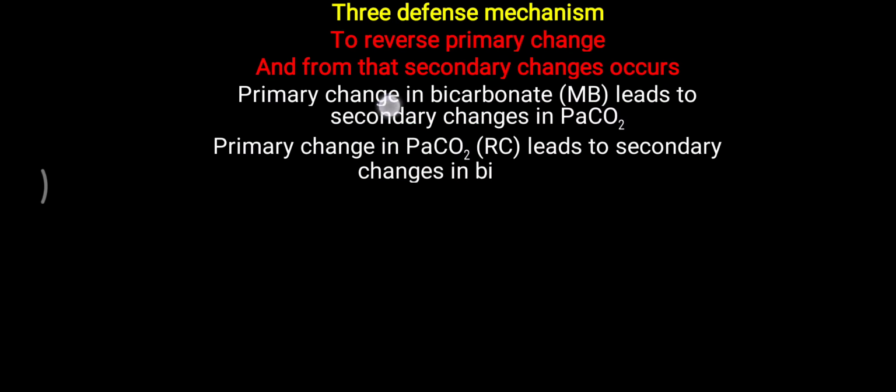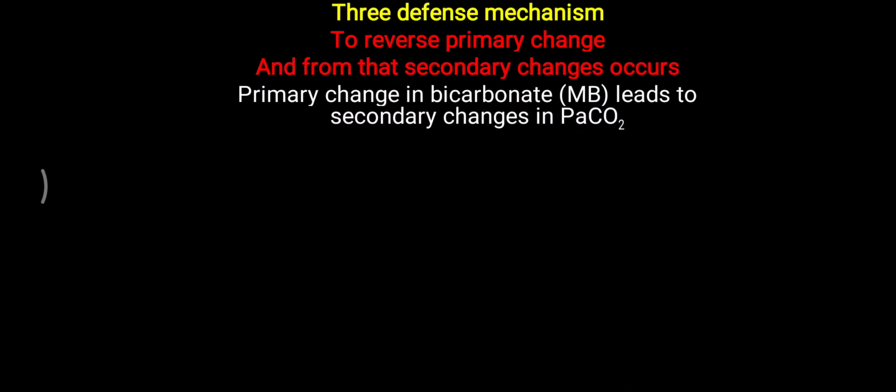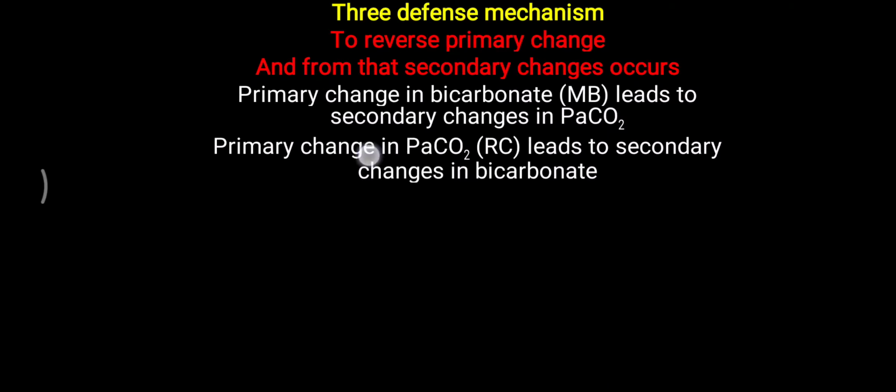In the same way, with primary changes in bicarbonate, suppose in metabolic acidosis and metabolic alkalosis, bicarbonate is affected, meaning the bicarbonate level will increase or decrease. To compensate for that increase or decrease of bicarbonate, carbon dioxide will increase or decrease the carbonic acid level. In the same way, a primary change in carbon dioxide level in the blood will lead to secondary changes in our bicarbonate level.